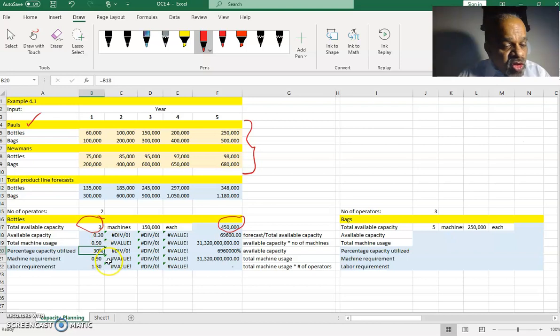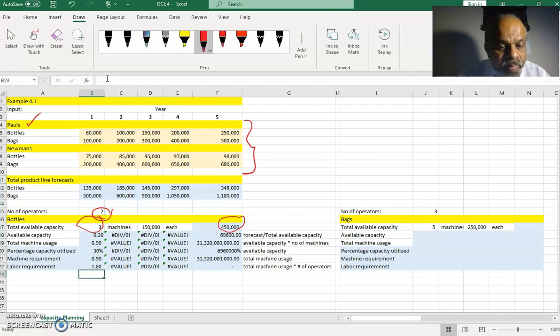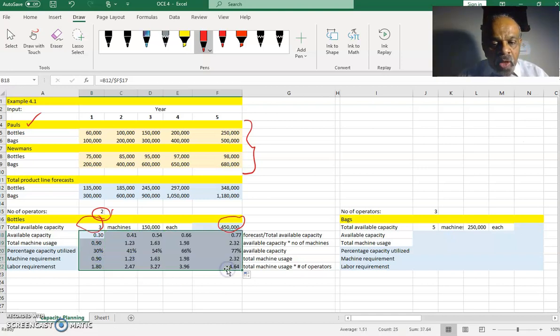This is going to change, so it's fine. The machine requirement is going to be the same. The labor requirement, however, has to change simply because I'm using this constant 2, which is B15. So my B15 has to be absolute. Now, if I highlight this, copy and paste this, I should be fine.